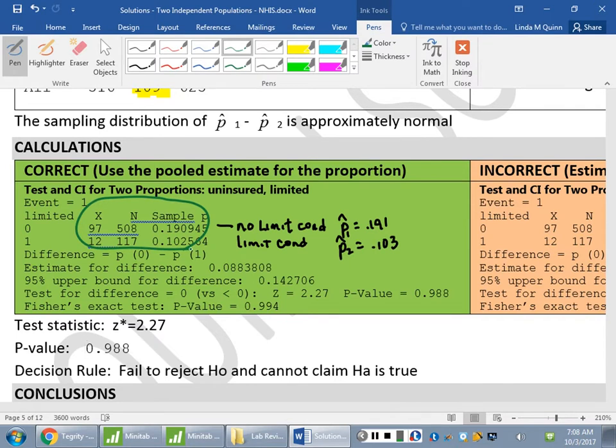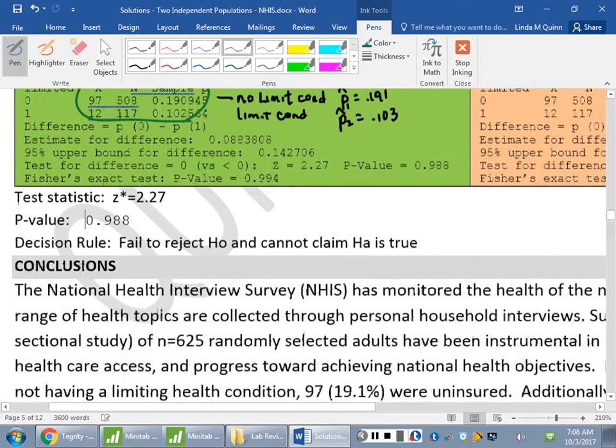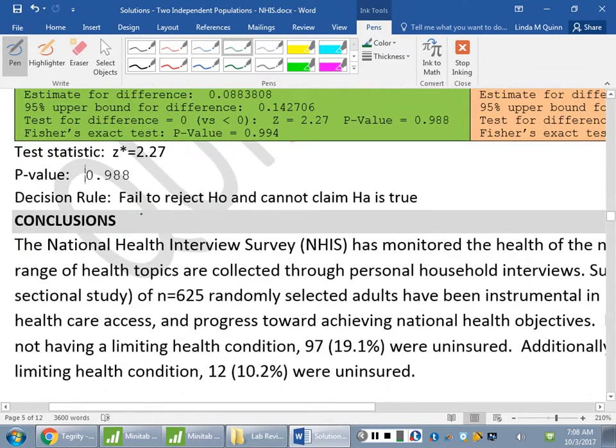And there were 508 that did not have a limiting health condition, of which 97 were uninsured for a proportion or a percentage of 19.1. Okay? Those are the two things you're trying to discuss and compare. And so that's the first thing you see here is my 19.1 and my 10.2.